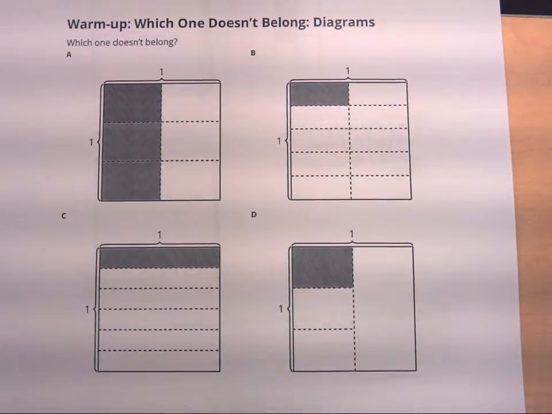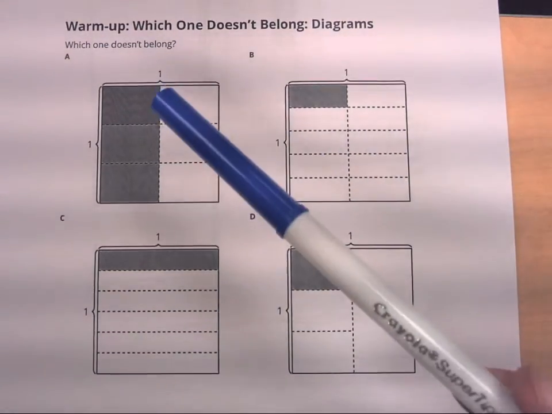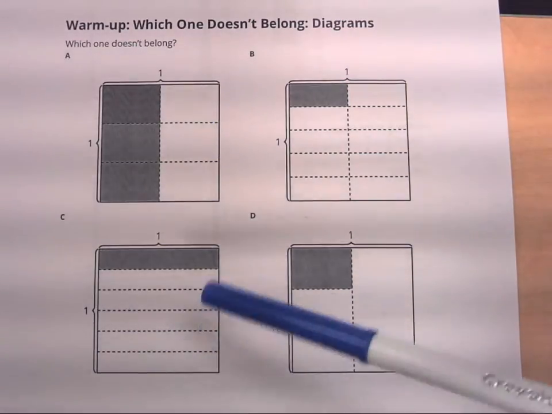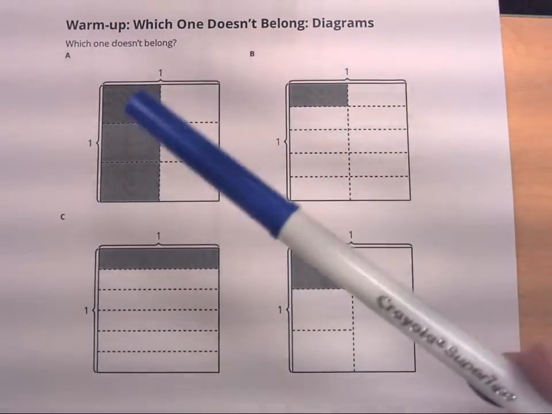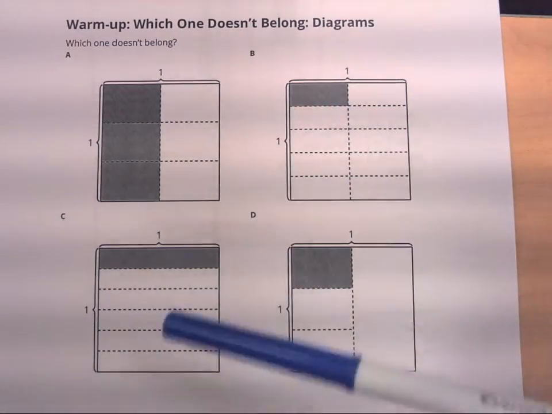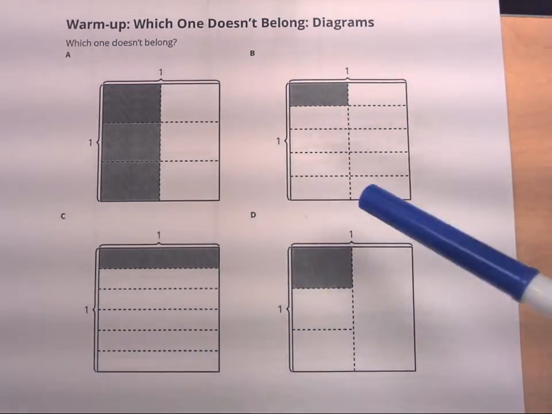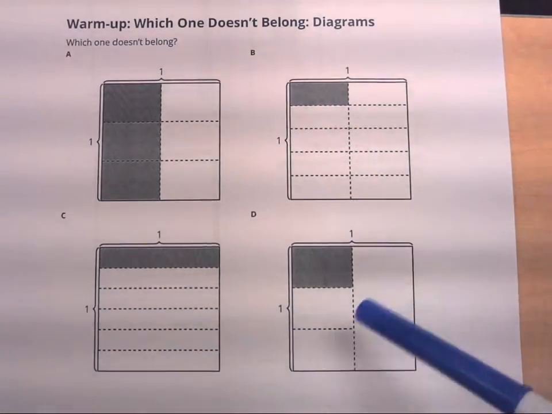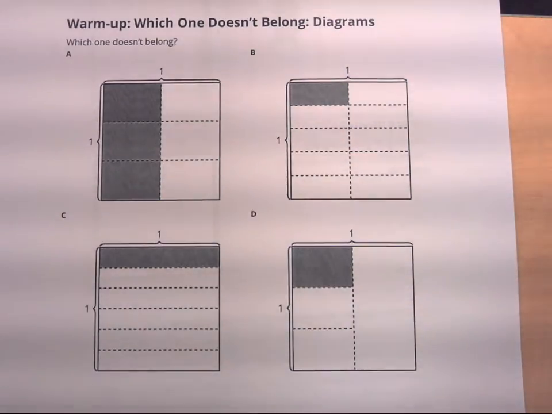And this brought up an interesting point because in diagram A and C, it's easy to see that there are 6 partitions. Each whole has been divided into 6 equal parts. But for D, that's not as explicit.